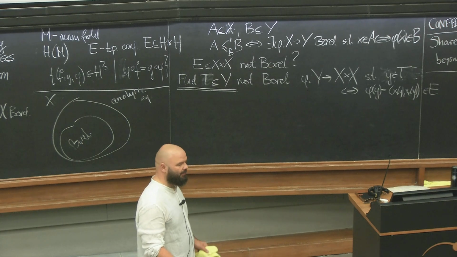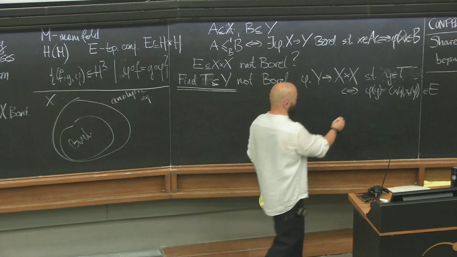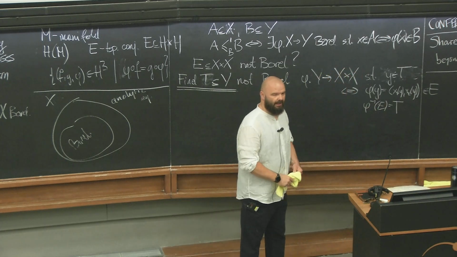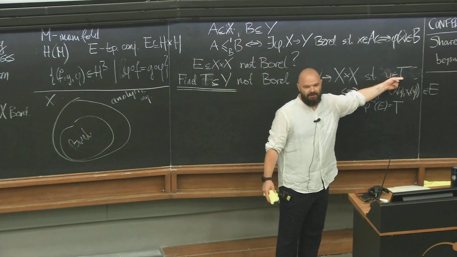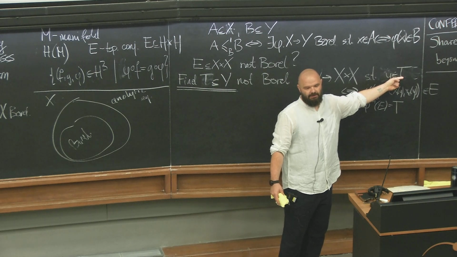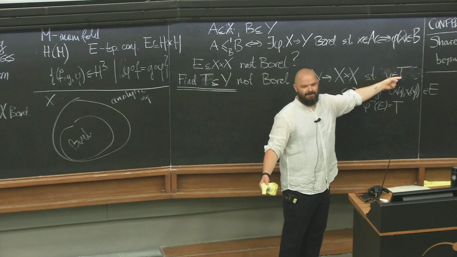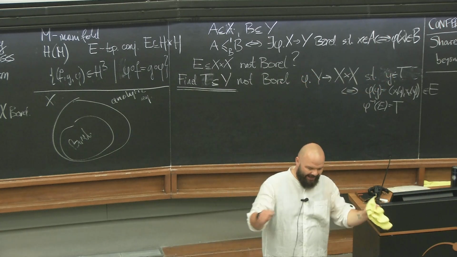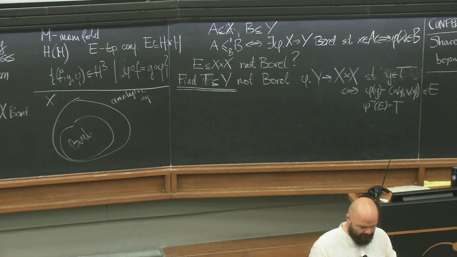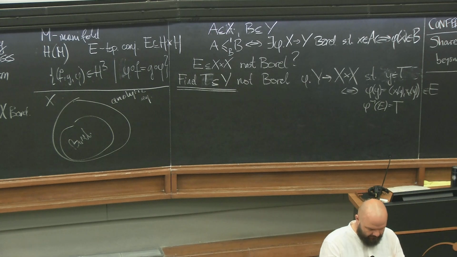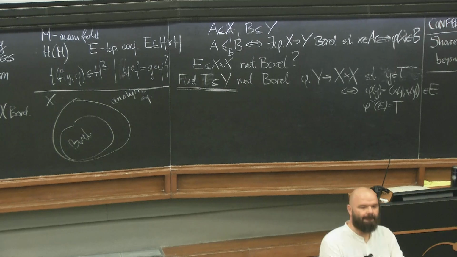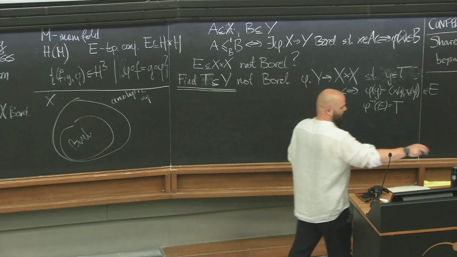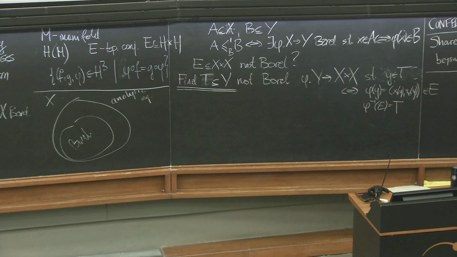It's like you want the preimage of E to be T. And you cannot do a constant function, because T, in order to be not Borel, has to be a complicated set, and every element of this complicated set has to end up in pairs which are in your equivalence relation in a Borel way.